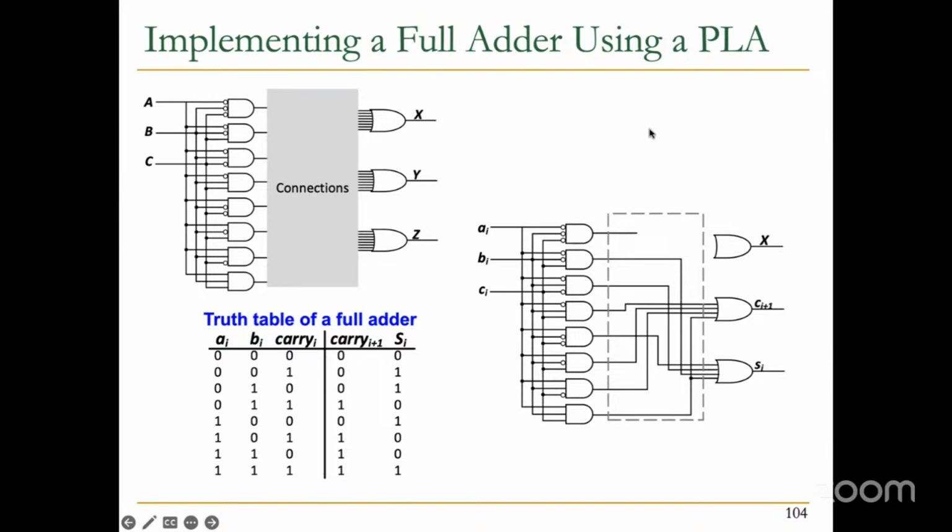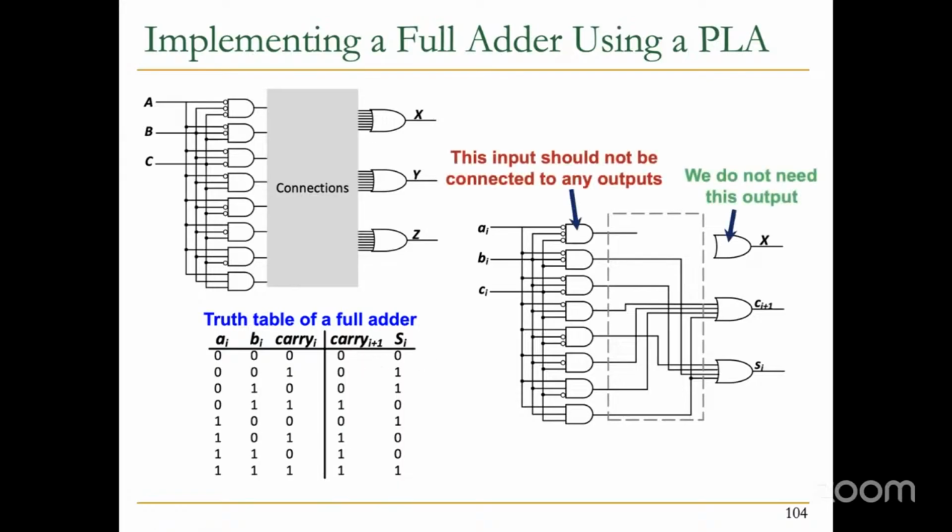You program this logic such that SI is connected to that, and you program the logic such that carry I is connected to the minterms where it's 1. And you don't need this output. And this minterm happens to be not connected to anything because clearly this minterm doesn't lead to a 1, either in carry or sum. That input should not be connected to any outputs, and we don't need this output.